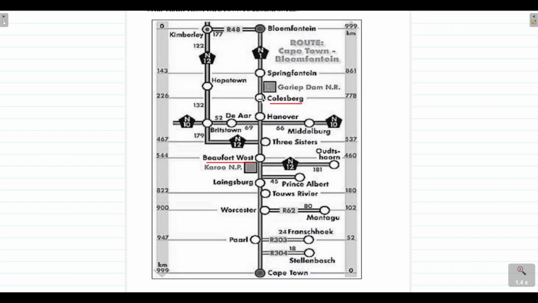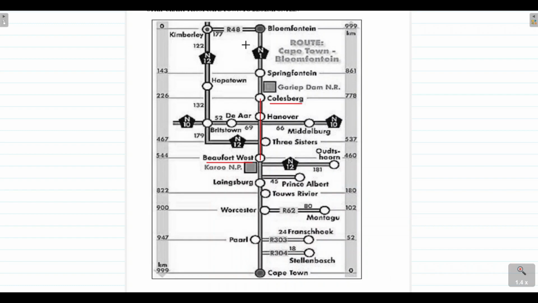So we want the distance between Colesberg and Beaufort West. Please take notes. If you are moving from Bloemfontein to Cape Town, you need to read off the kilometers on the left hand side of your strip chart. If you're moving from Cape Town to Colesberg, you need to read off the kilometers on the right hand side of your strip chart.